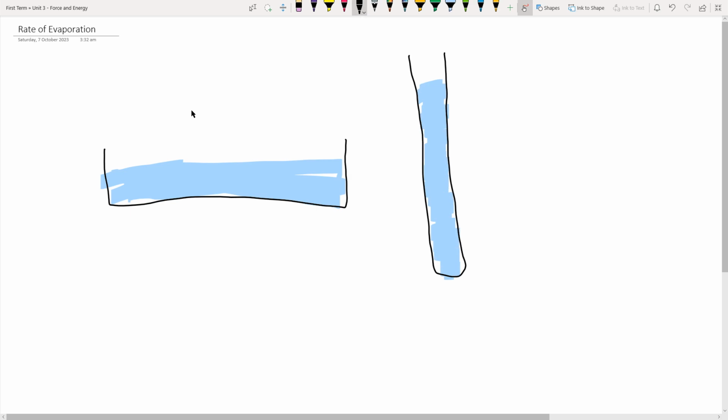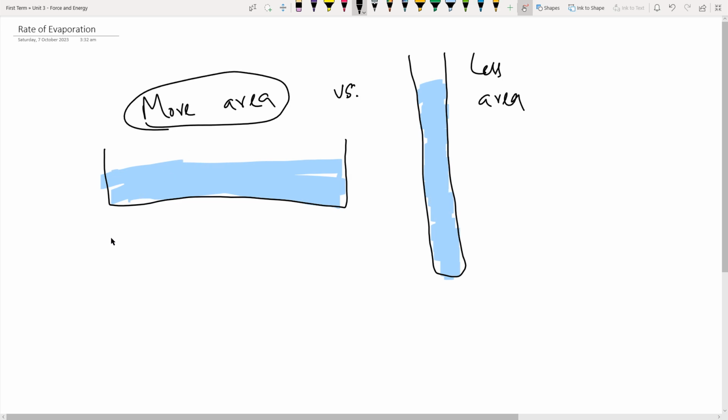So more area versus less area, right? Which one is going to have more evaporation? This one, right?